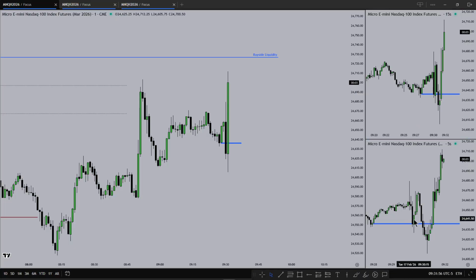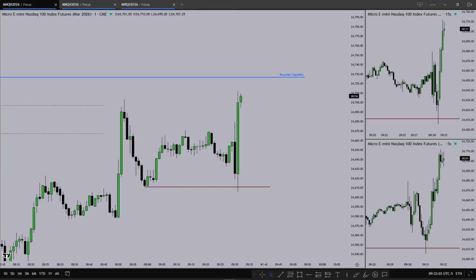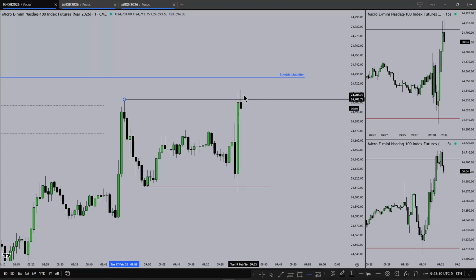You can see that from sell side. That internal high, and then beyond that is that buy side. So you'd want that buy side to be engaged within this candle or the next 1 minute candle.